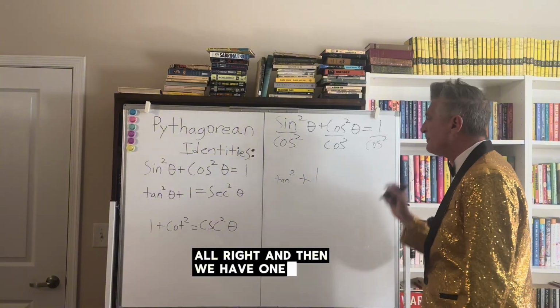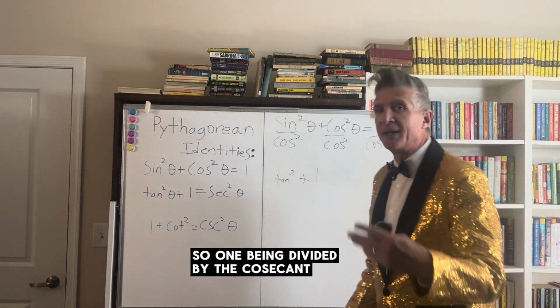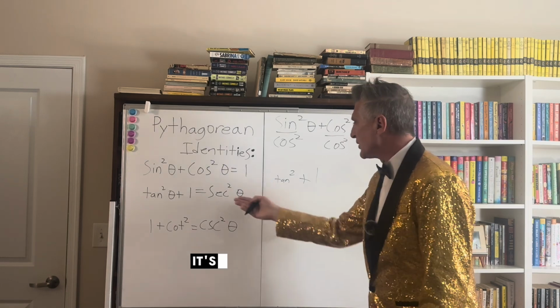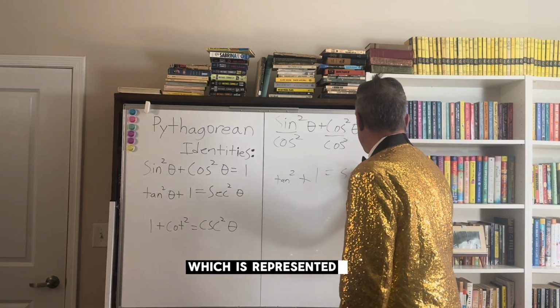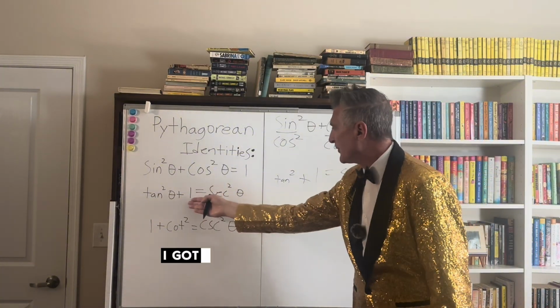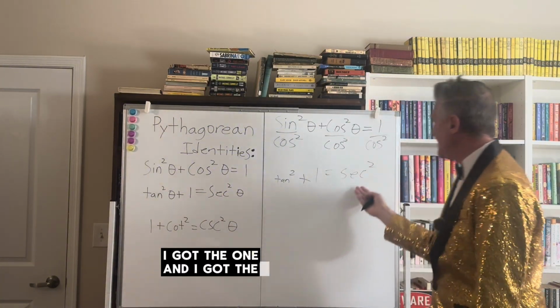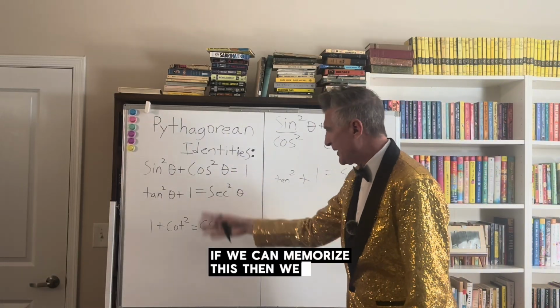And then we have 1 being divided by the cosine. So 1 being divided by the cosine is equivalent to our secant squared of theta, which is represented here. Okay. Well, as you can see, I got the tangent, I got the 1, and I got the secant squared from this. Again, if we can memorize this, then we get these other two.